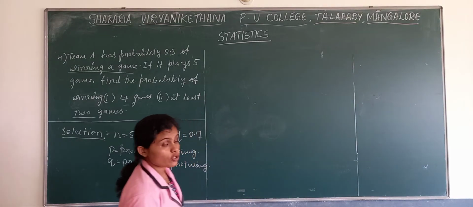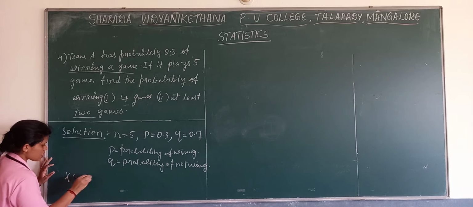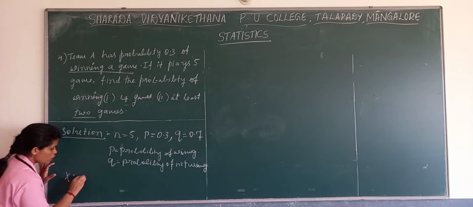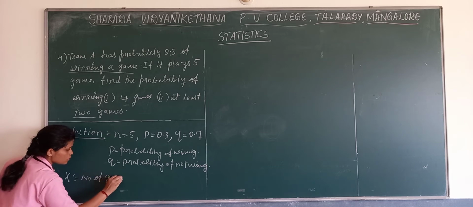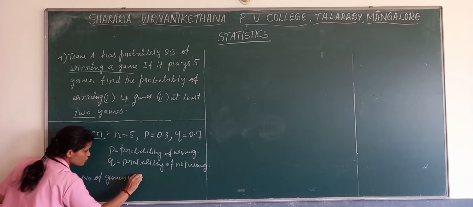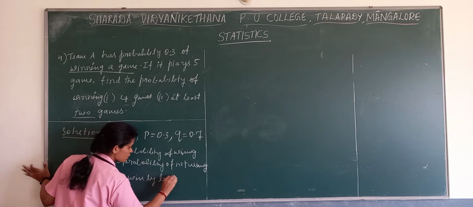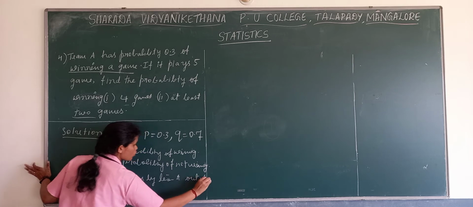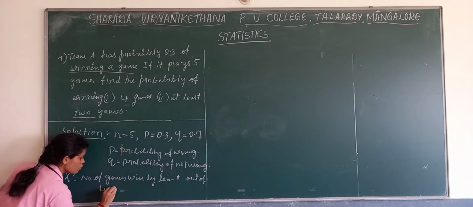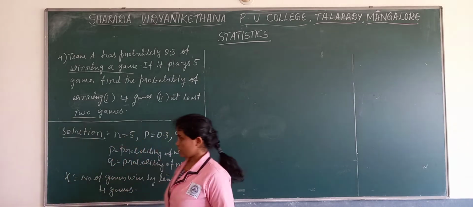Now, next what do we need to write? We need to write the X. X is equal to the number of games won by team A out of 5 games.